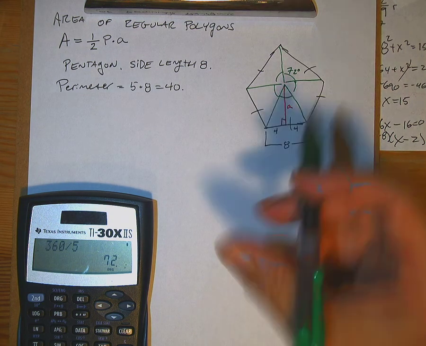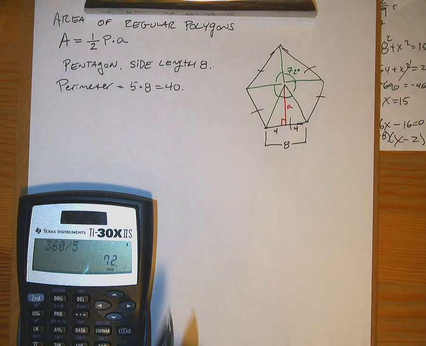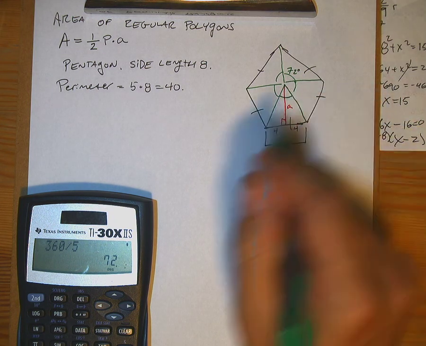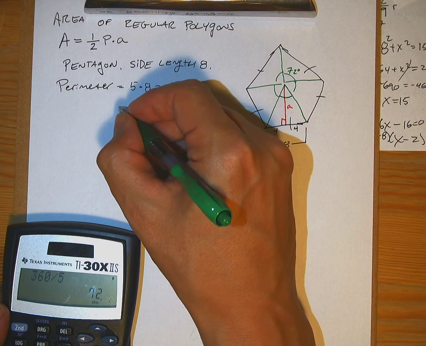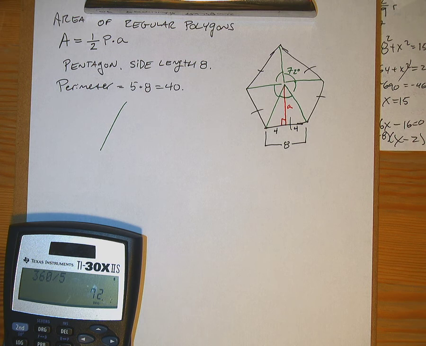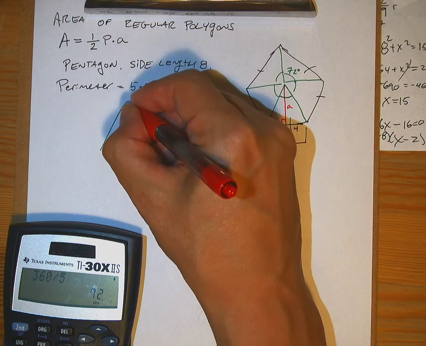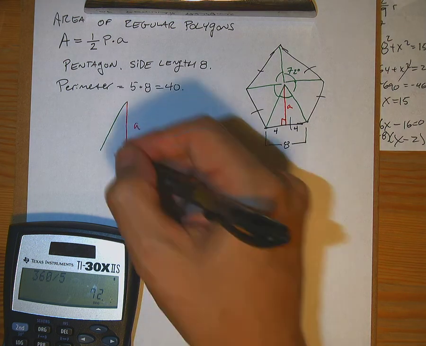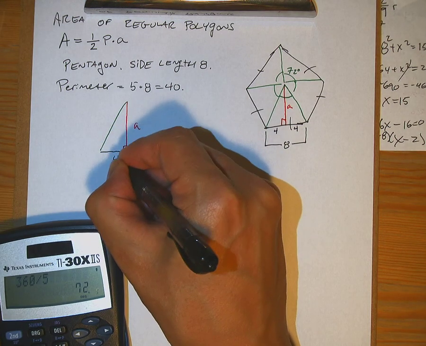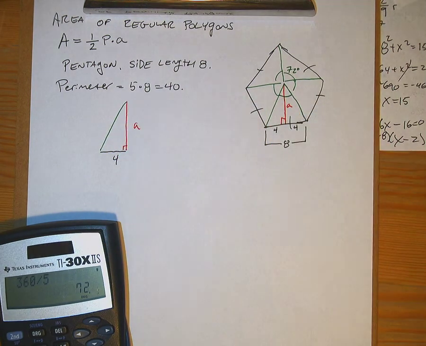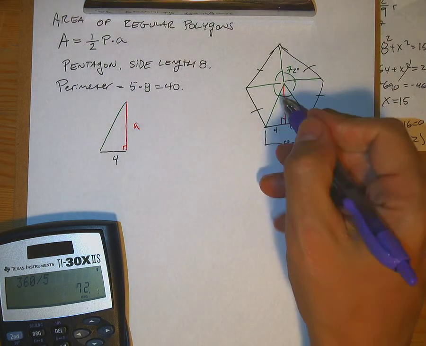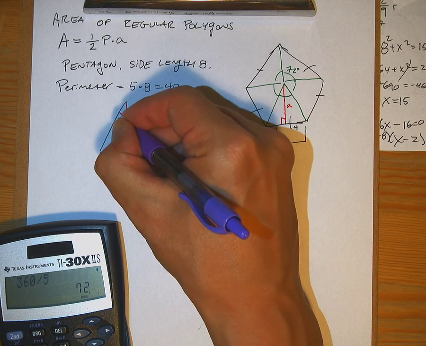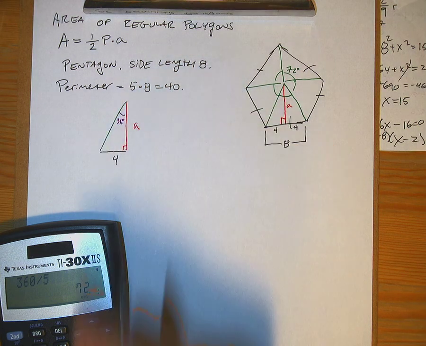But I'm going to focus my attention on just the half triangle. So we're going to look at this right triangle here, and it's made up of a radius, the apothem, and the half side, 4. And the angle at the top is not 72. That would be a full central angle. It's half of a central angle, which is 36 degrees.